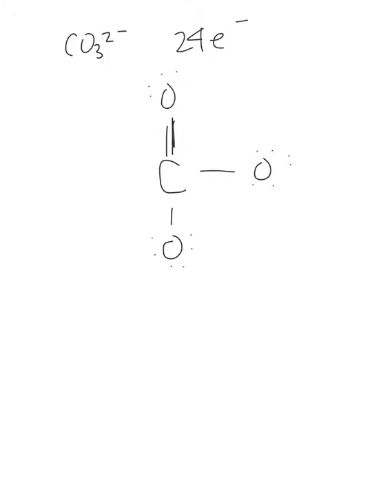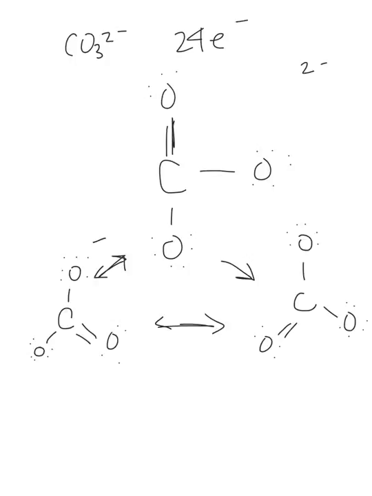Is this the only structure that carbonate can occupy? If you're thinking no, then you're right. Carbon can form a double bond with each of the oxygen atoms for a total of 3 different structures. Now, we're not done with our Lewis structures until we write down the formal charge of each atom next to that atom.